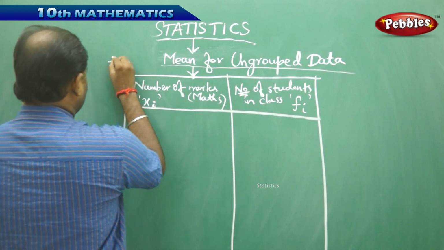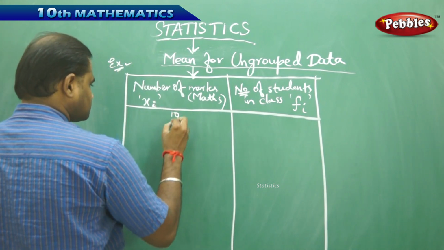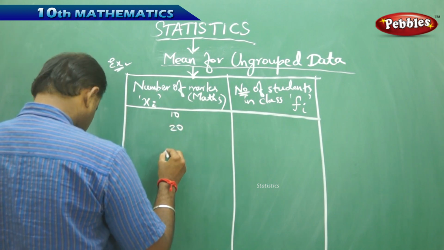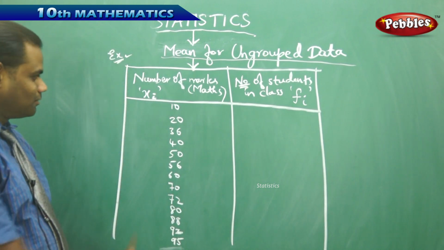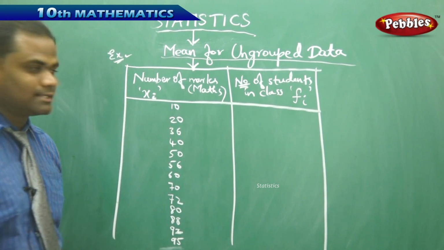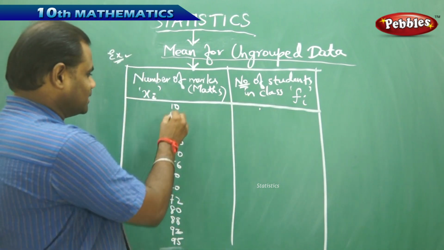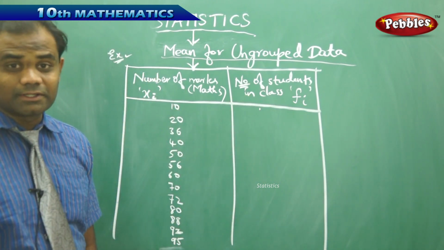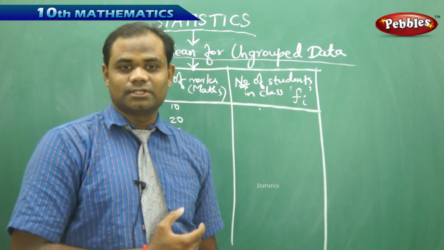For example, I have the data 10, 20, 36. Now each of the marks of students in mathematics has been given with the number of students who got, say, 10 marks in the entire class, which is the frequency. As we said, frequency is the number of times the observation occurs.